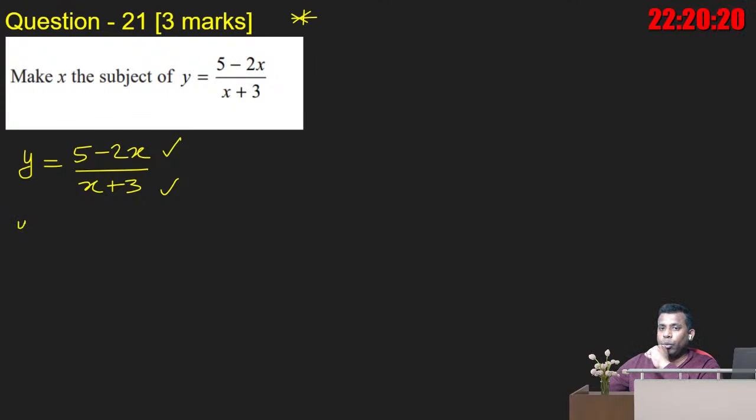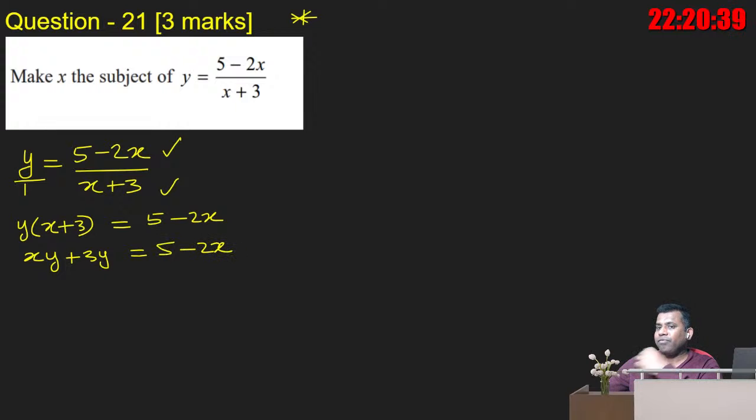So you cross multiply, y over 1. So y multiplied by x plus 3 equals 5 minus 2x. So x times y plus 3y equals 5 minus 2x. Bring everything to one side, I mean x needs to be on one side.